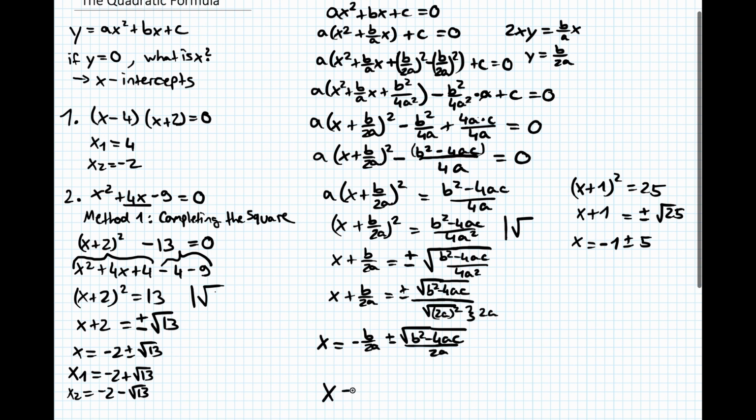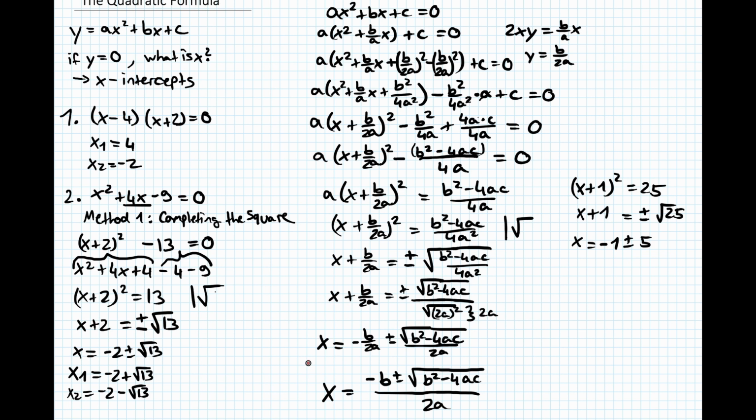So x is equal to negative b plus minus square root of b squared minus 4ac all divided by 2a. And this is our quadratic formula.